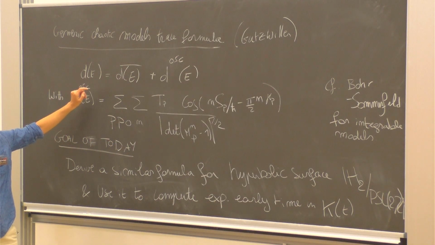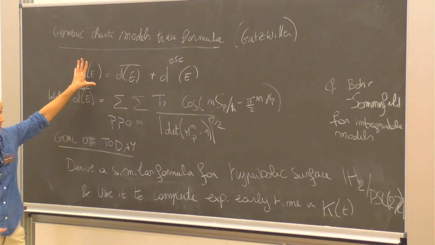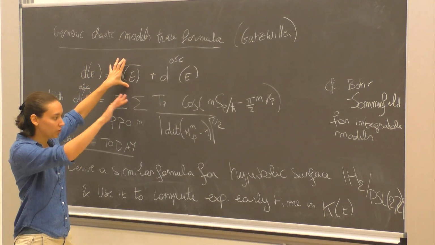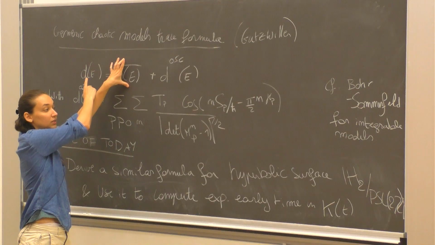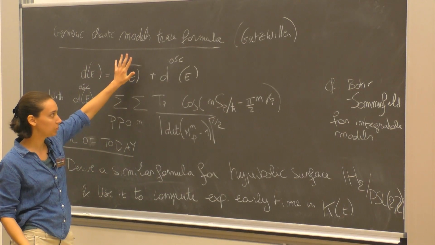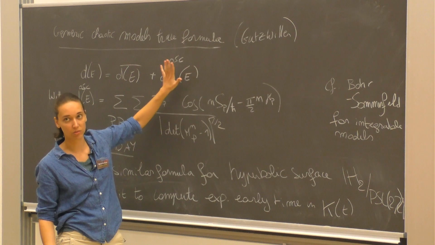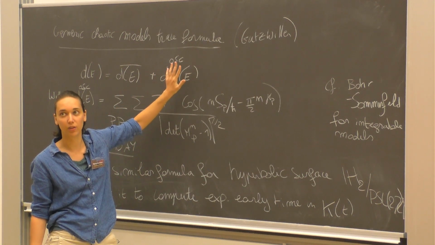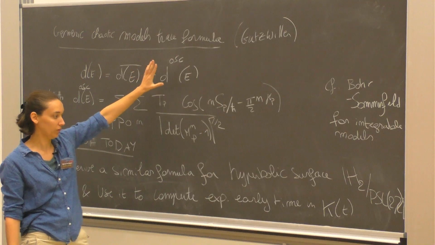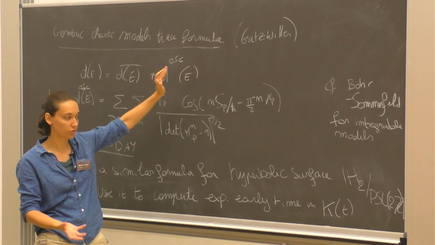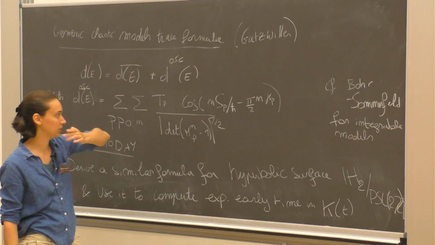And using periodic orbit theory, the general lore is that the density of states as a function of the energy has some average behavior and some oscillations on top. Periodic orbit theory is about trying to understand this function here, and we are going to compute it specifically for the case of the modular triangle on the hyperbolic space.